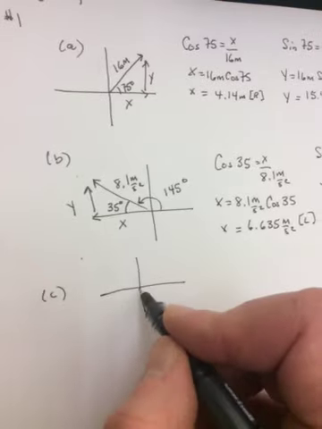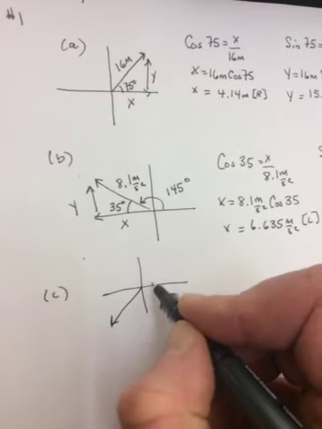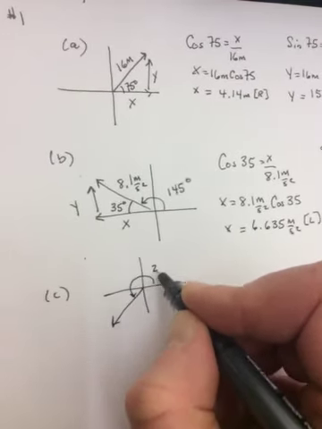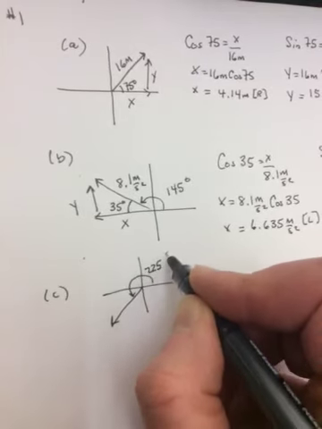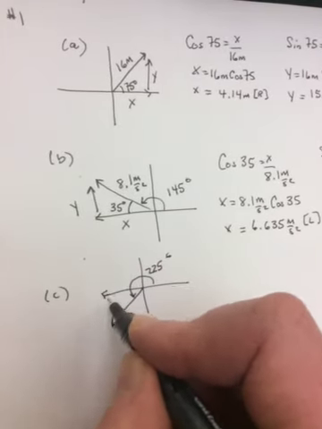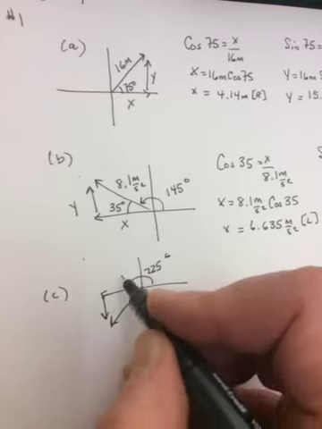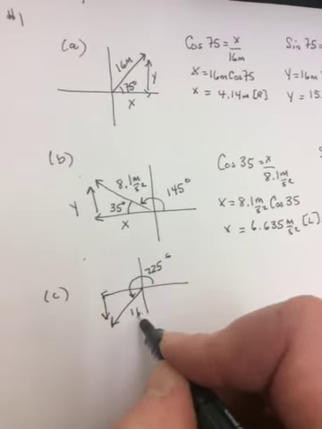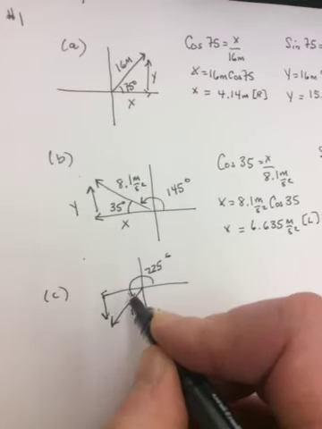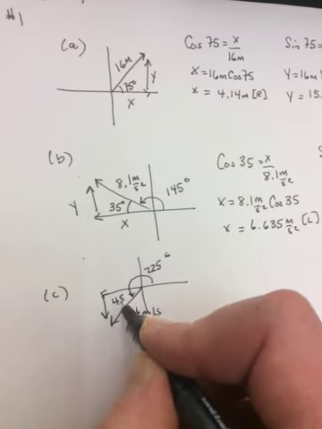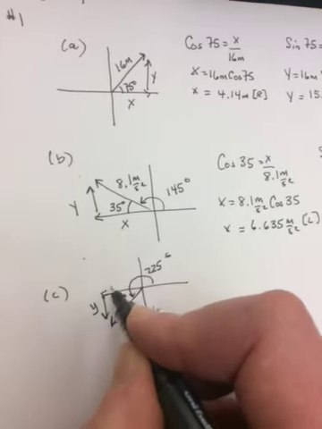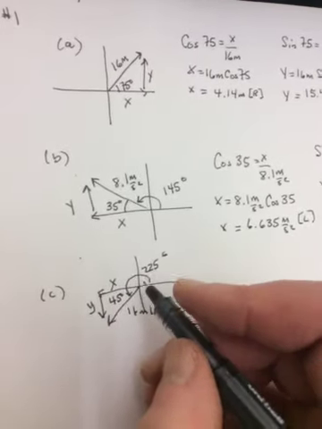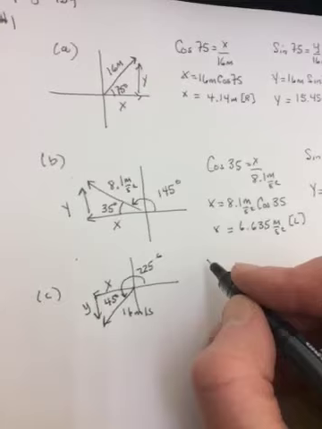So 225 is going to be down here, right? So this whole thing is 225. So the reference angle will be in here. This was, what was it? 16 meters per second. To here is 180, so this should be 45. My Y, my X. So again, X is going to be cos.